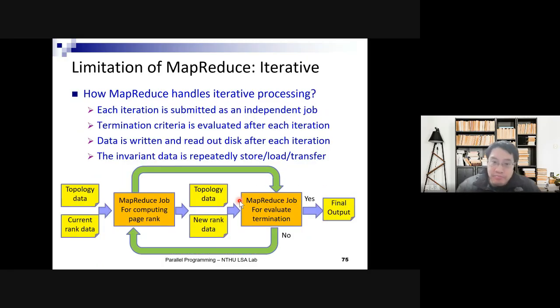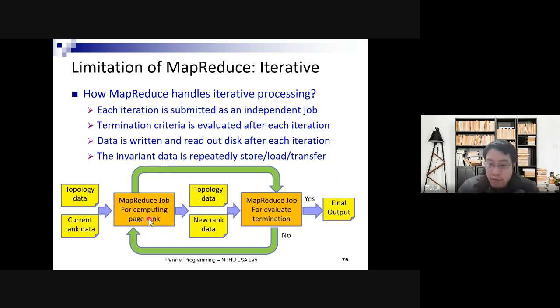Especially after we have this big data concept, people start to focus more on machine learning algorithms, right? Once you are able to use MapReduce to reduce the data size, people will try to use those more complex machine learning algorithms to analyze the data. And all those algorithms usually are iterative algorithms. That means for every iteration, you have to run a MapReduce job.